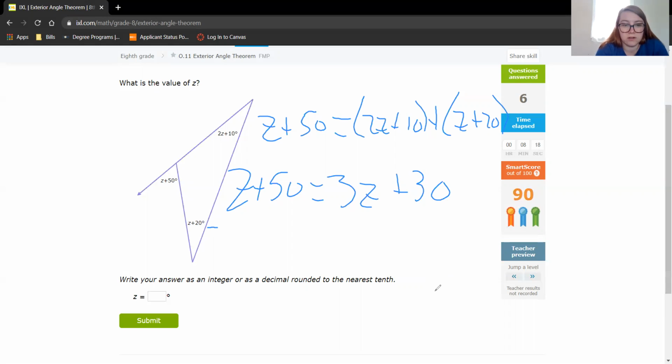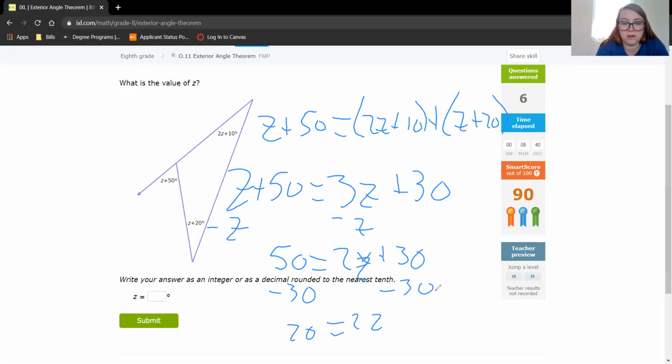We need to get that z gone. What we do to one side, we do to the other. So we have 50 equals 2z plus 30. Now we need to get rid of that 30, so we'll subtract. So 20 equals 2z. Well, we need to get the z by itself, so we have to divide by 2. What you do to one side, you do to the other. 20 divided by 2 is 10, so z equals 10. Let's check it out.